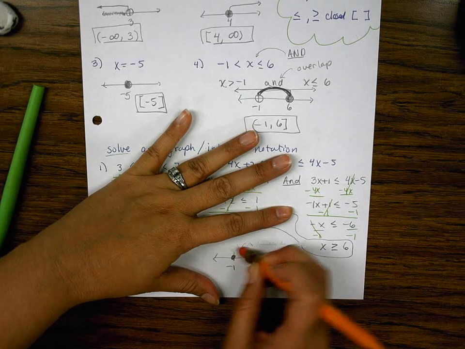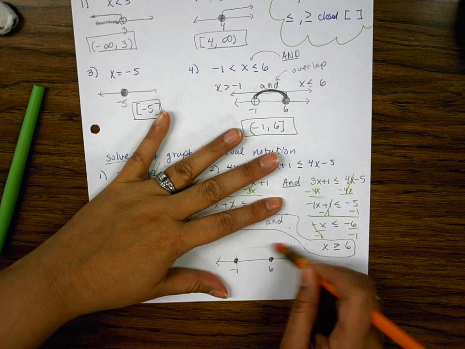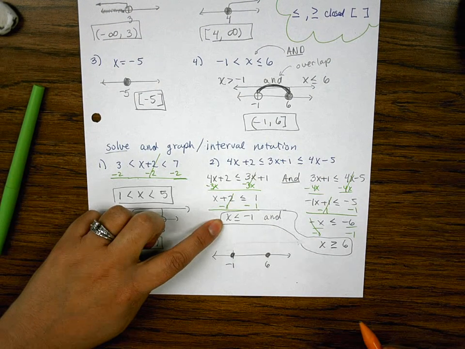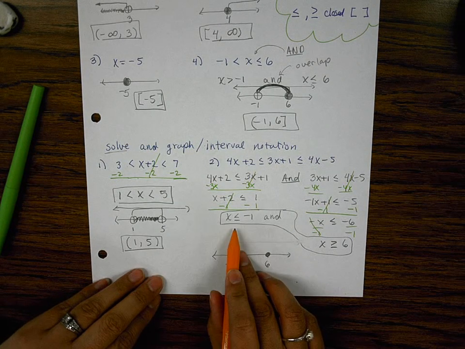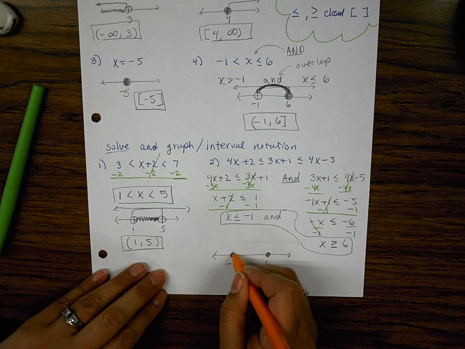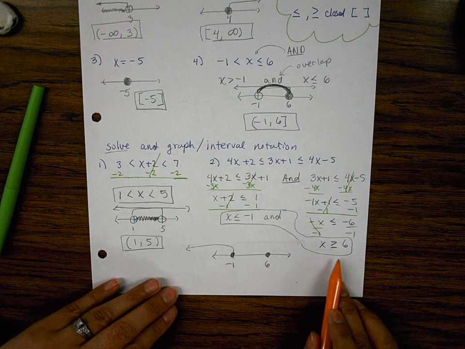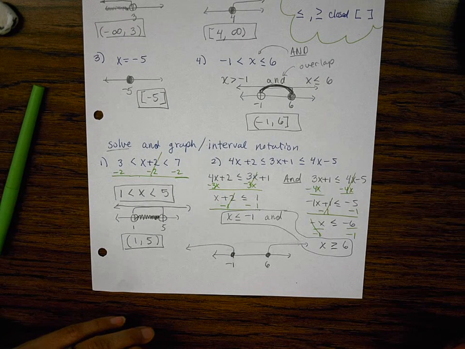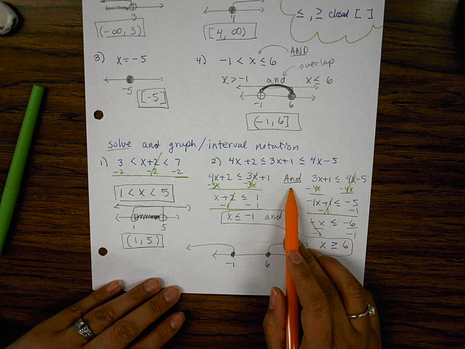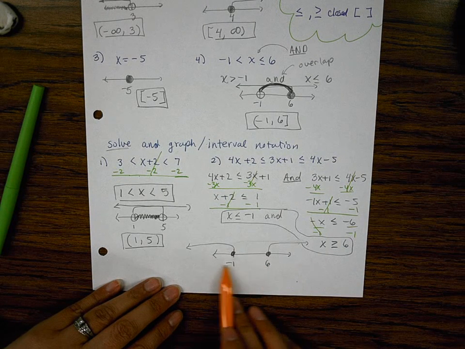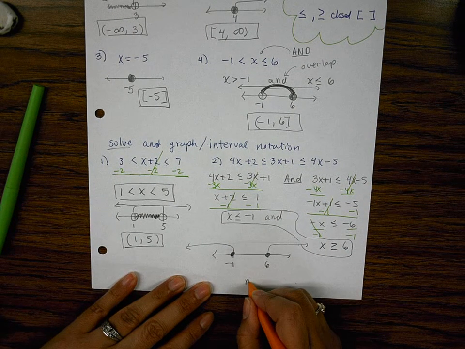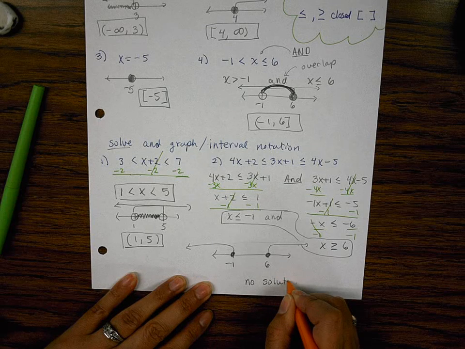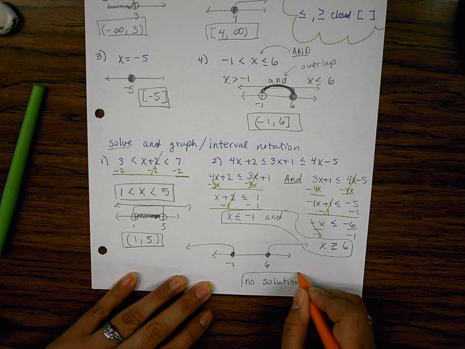X is greater than negative 1, that means everything to the right. X is greater than positive 6, and I apologize, I did that the wrong way. I read it incorrectly, and I will fix that. This does not say greater than, that says less than. X is less than or equal to negative 1, that goes this way. This says X is greater than positive 6, it goes that way.